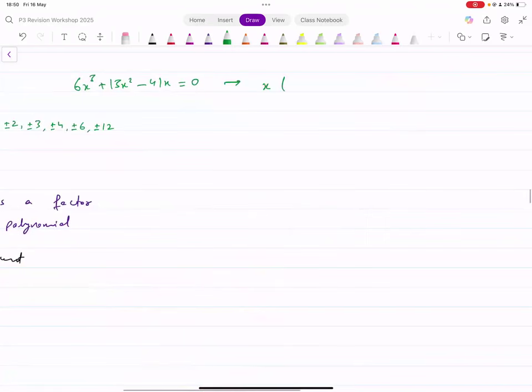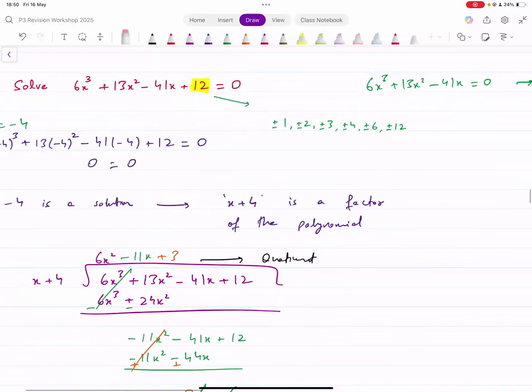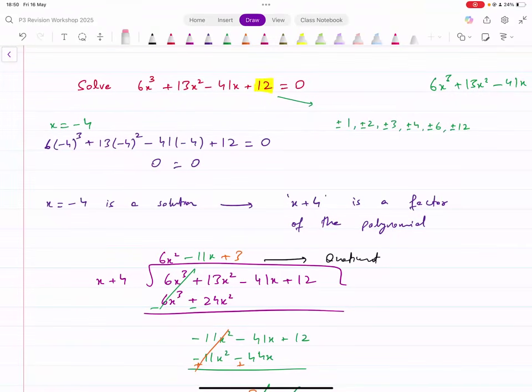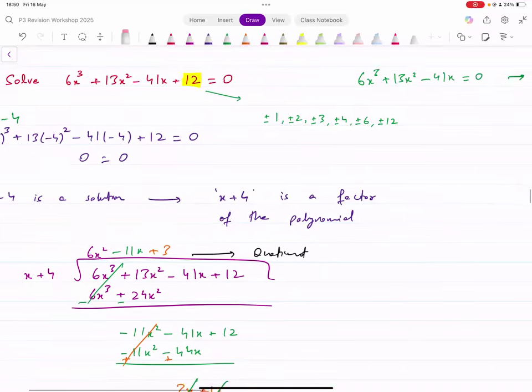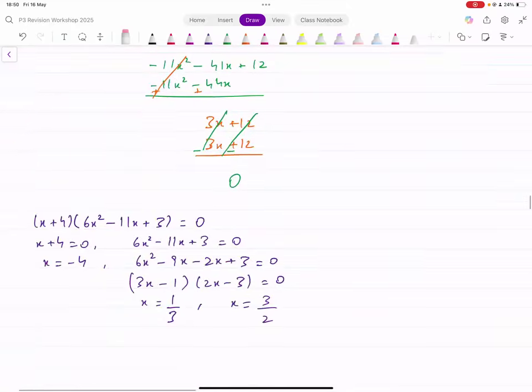You can just take x common outside, and that leaves you with 6x squared plus 13x minus 41 equal to 0. And you've got two factors already. You can solve this as a quadratic, and this gives you x equal to 0. So when there's no constant, you can just solve that directly by factorizing. But when you do have a constant like this, then factorization is not possible directly unless you know one factor yourself. So you will either be given that factor or you'll have to guess it like this.